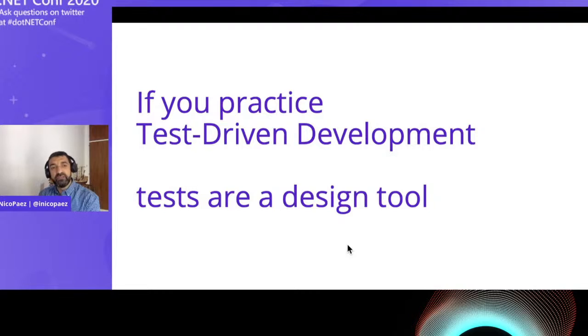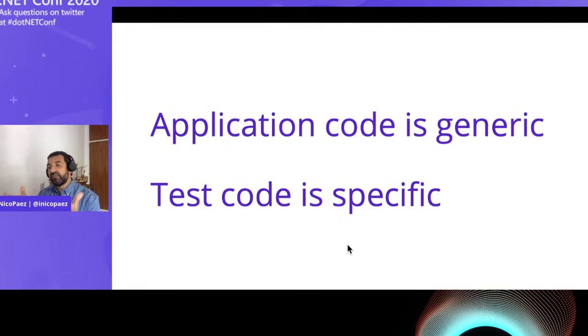So again, this gives tests more and more relevance, right? And something that is interesting when you start thinking about tests is that your test code is specific, while your application code is generic. You have to prepare your application to handle several situations.